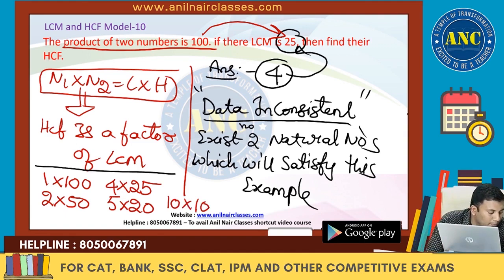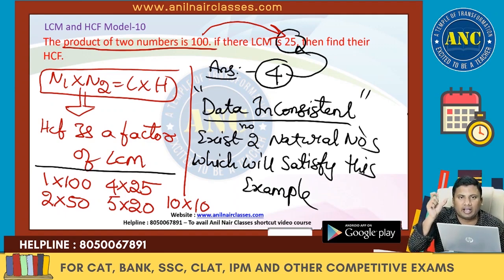Bhupi, Bhanu and Bharat, what you know as the concept, that the product of two natural numbers is LCM into HCF, is not the complete concept. The complete concept is that, to satisfy that, HCF should be a factor of LCM.